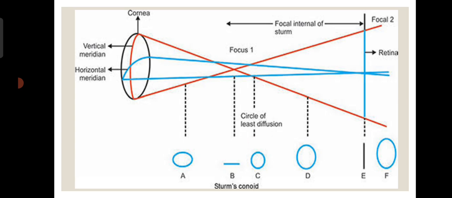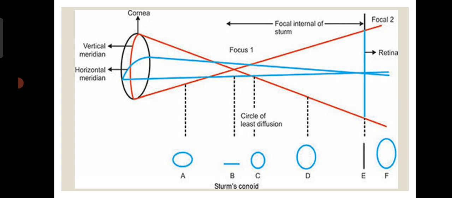That means the vergence of vertical rays of light and horizontal rays of light is equal at this point. So in a patient with astigmatism, we need to form the image at the circle of least confusion. We need to reach the circle of least confusion.